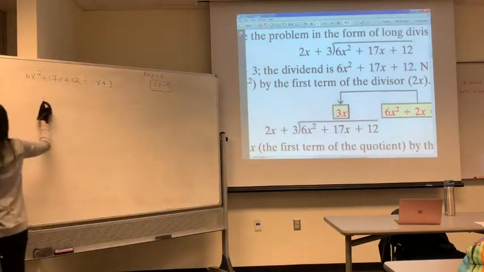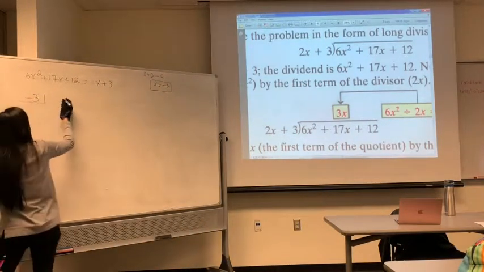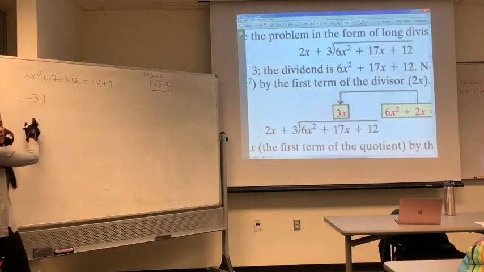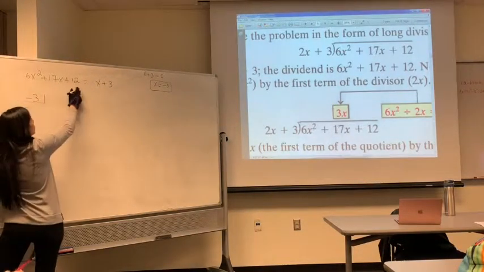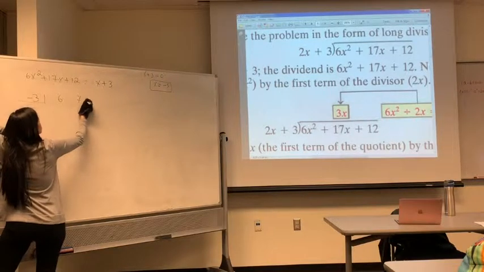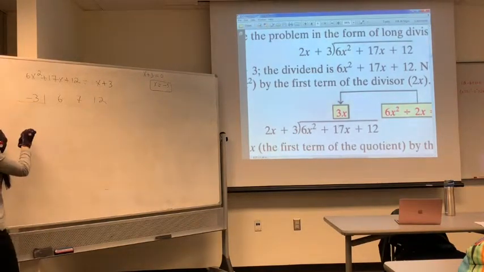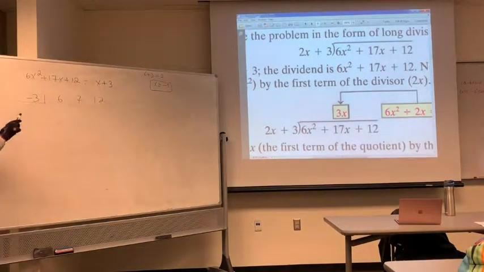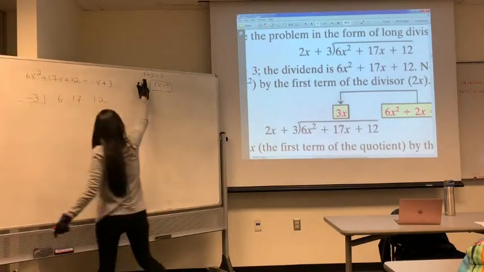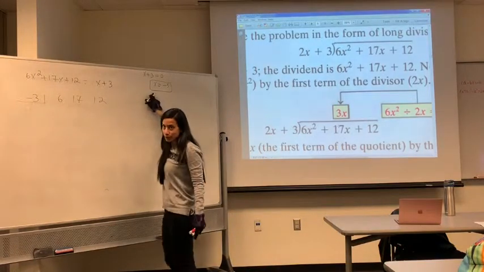Then you have negative 3 here, and you will write down all the coefficients of this trinomial: 6, 17, 12. Correct? Do you see that? Write down all the coefficients, and here we have the zero of the divisor. Zero of the divisor means solve the divisor for 0 to find x.